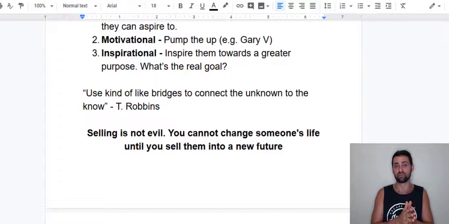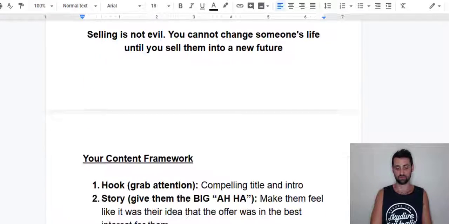If you're out there and you're legitimately selling something that you believe in, that you think can change a person's life, it is not a dirty thing. It's not an evil thing. It's just about overcoming some of the person's objections, making them have more belief in themselves and having those positive expectations that they can actually achieve their results, as long as they go through the process of whatever they're going to get once they purchase the product that you're promoting.